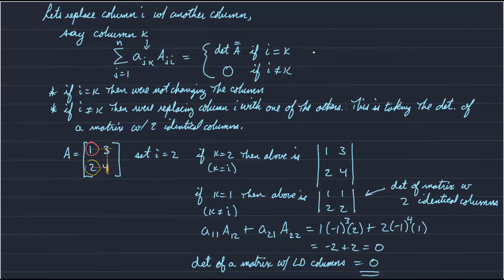And what this is, is a diagonal matrix with the determinant of A on the diagonal elements.